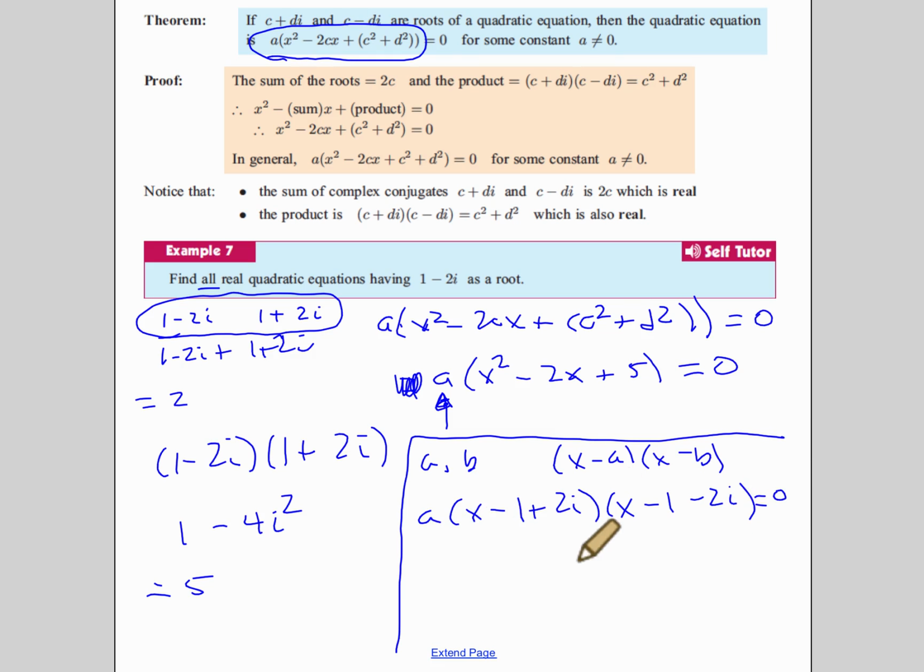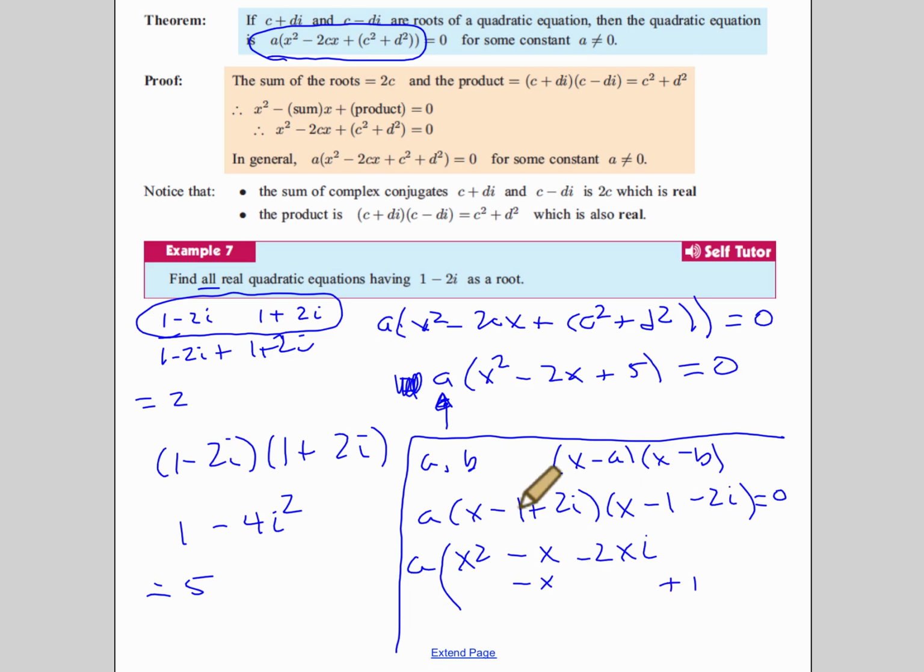So, how does that work? Well, this is going to be a times all of this mess. Okay? X times x, x squared. X times -1, negative x. X times -2i, negative 2xi. Then I'm just going to line up factors. X times the other x is a negative x. -1 times a -1 is a positive 1.